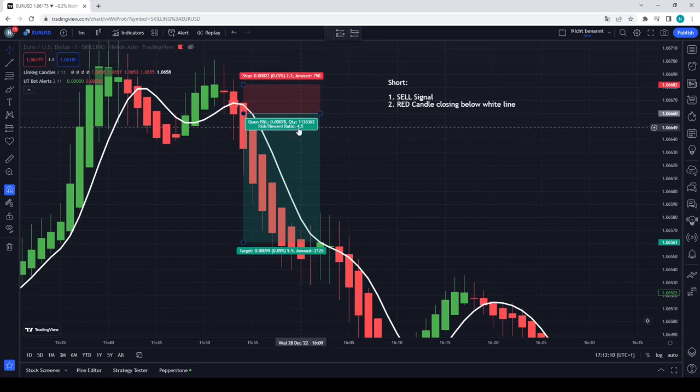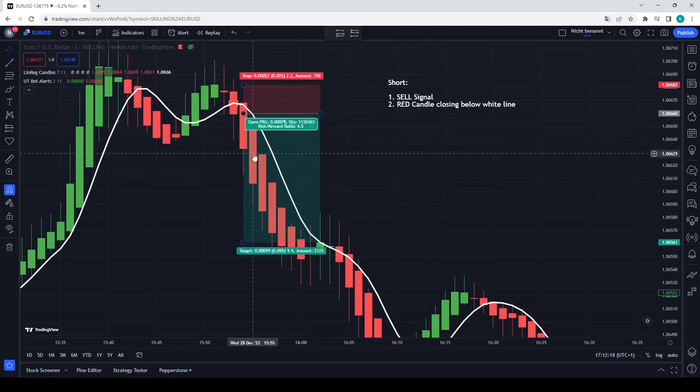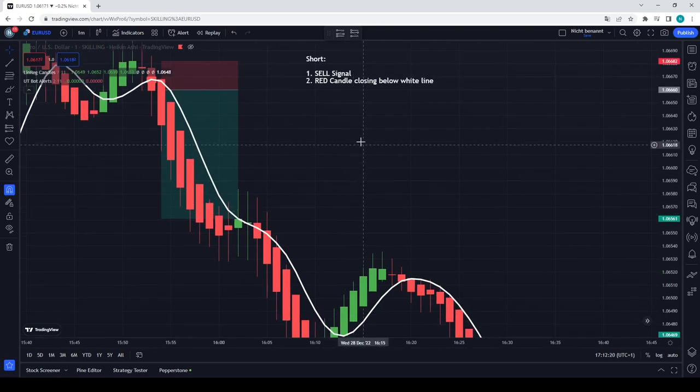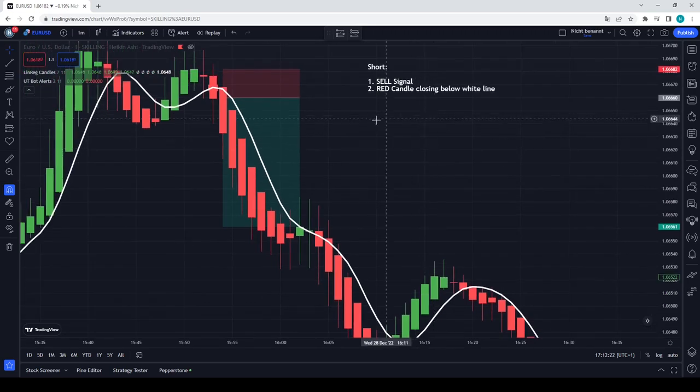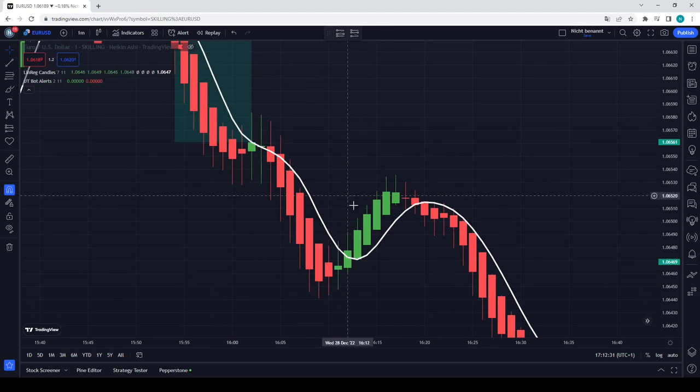This strategy is very powerful, especially when you have long trends in the long or short direction without any interruption. Sometimes it is a little disappointing when you get the trend, then maybe you get the green candle here, and then it continues and continues even more.